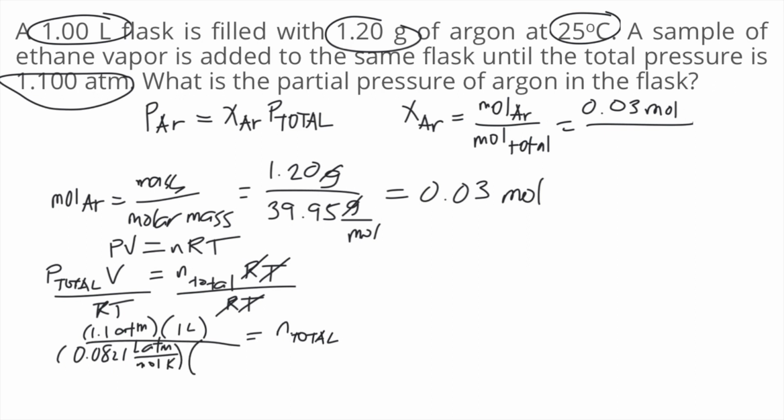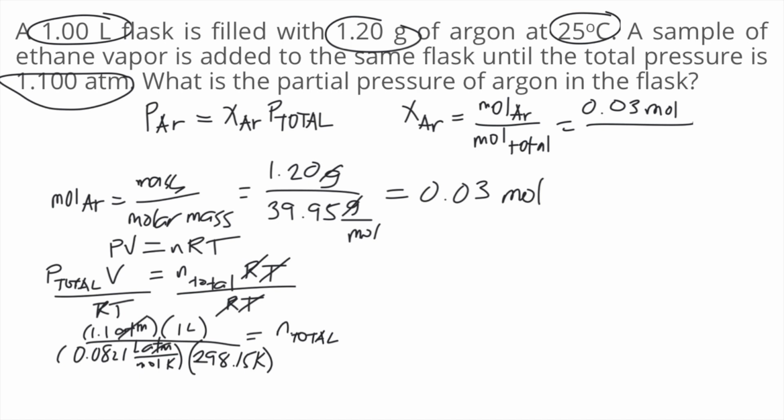And our temperature is 25 degrees Celsius. But remember, if you use the ideal gas equation, the temperature must be in Kelvin. So how do you convert 25 degrees Celsius to Kelvin? You need to add 273.15. So 25 plus 273.15, your temperature is 298.15 Kelvin.